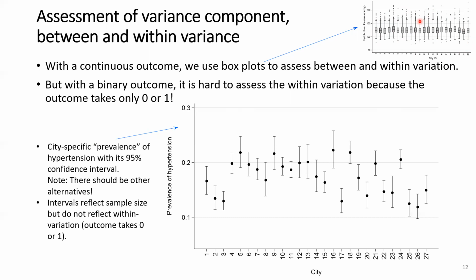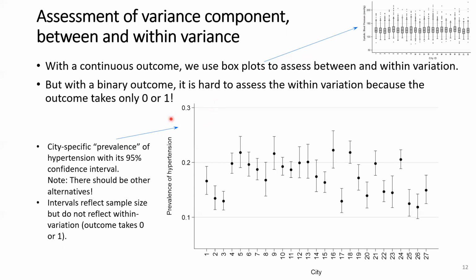But when we use a binary outcome, it's a problem because a binary outcome takes only 0 or 1, right? So when we make a box plot, it's always from 0 to 100. So it's not useful. How to explore this part is a challenging thing.